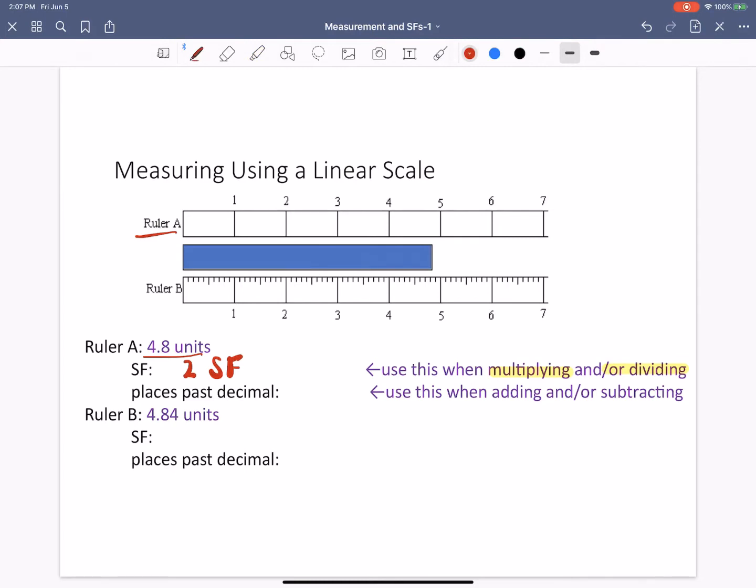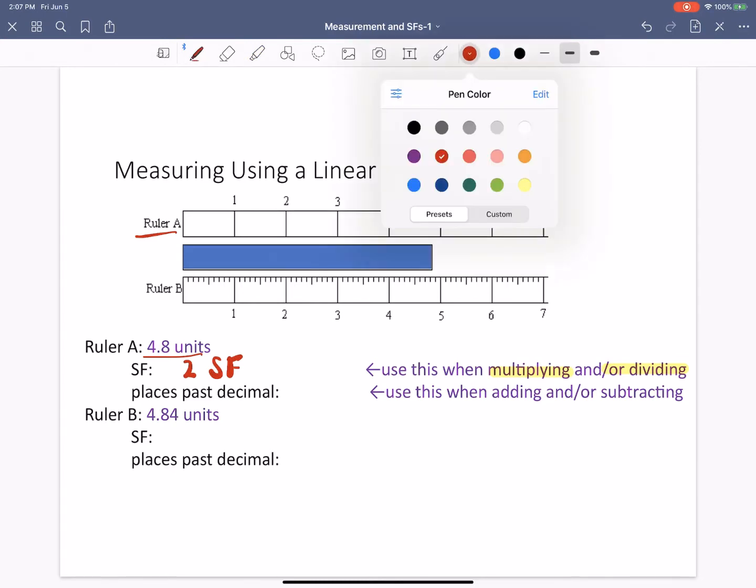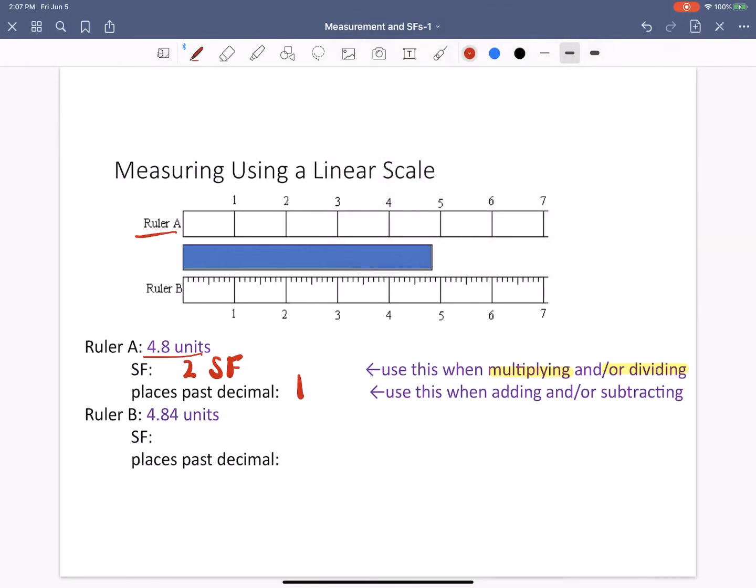The other way I might look at this same measured value is how many places past the decimal. And there is 1 place past the decimal. We estimated in the tenths place. I'm going to use that idea when adding or subtracting.